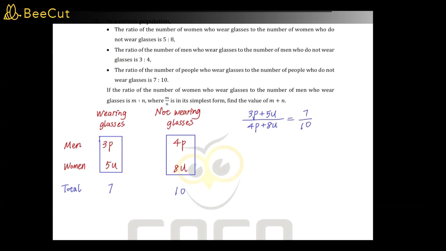And so we can use the cross multiplication method. When two fractions are equal to each other, the numbers across the diagonal give us the same product. So (3P plus 5U) times 10 equals (4P plus 8U) times 7.